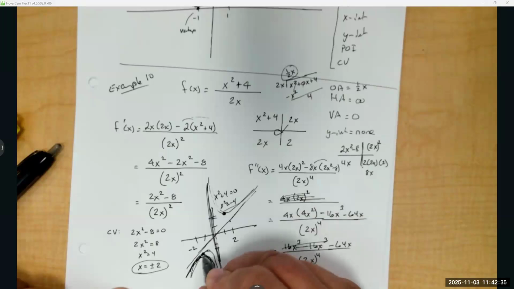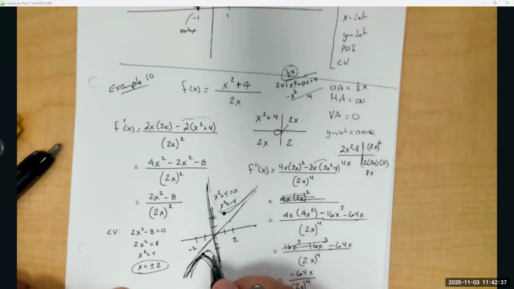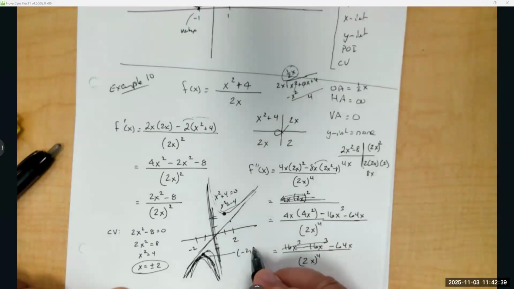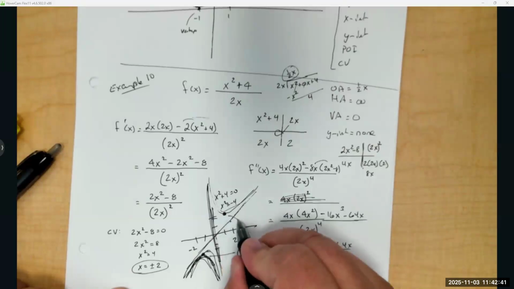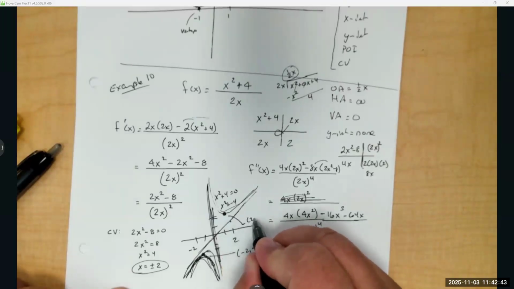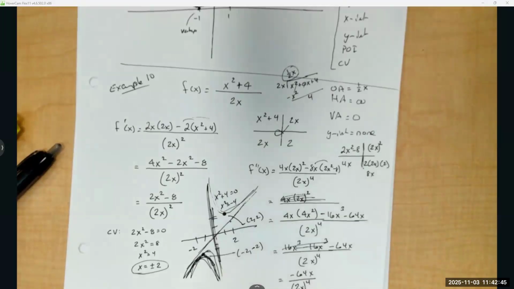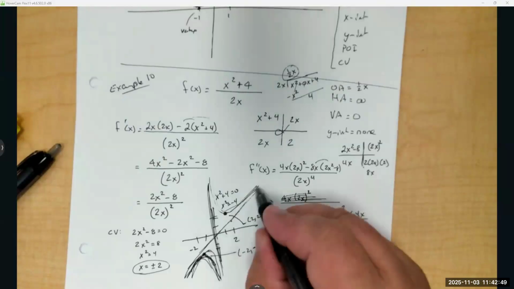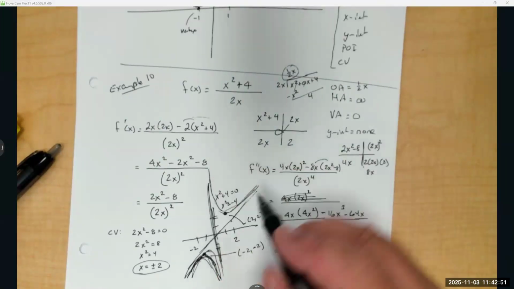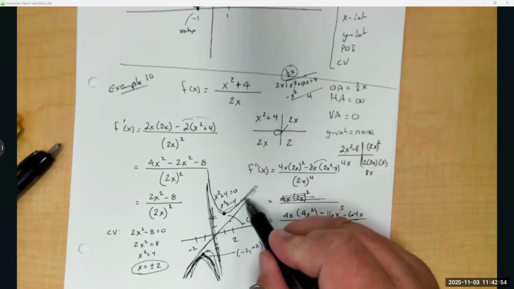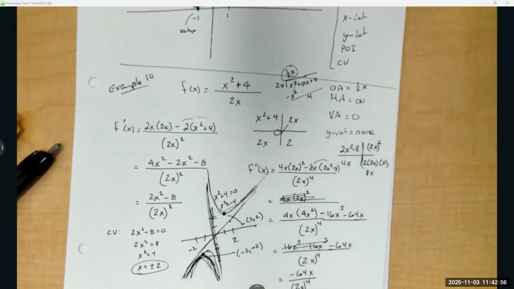So that's my vertex. The vertices are at negative 2, negative 2, and at positive 2, positive 2. And because these are asymptotes, the graph has to approach them but never cross them. That's what the graph's going to look like.